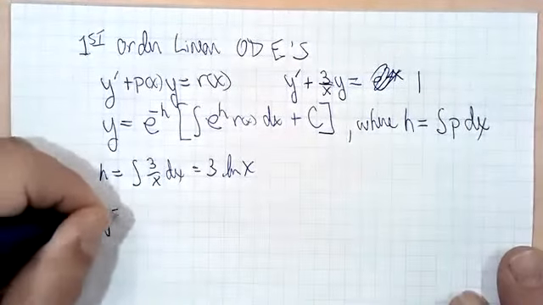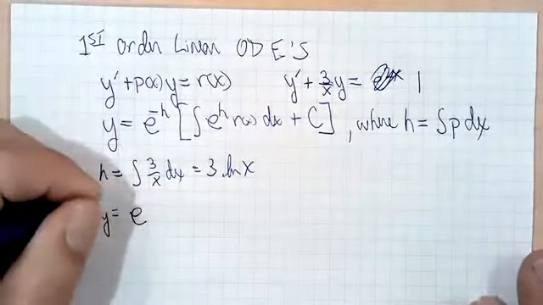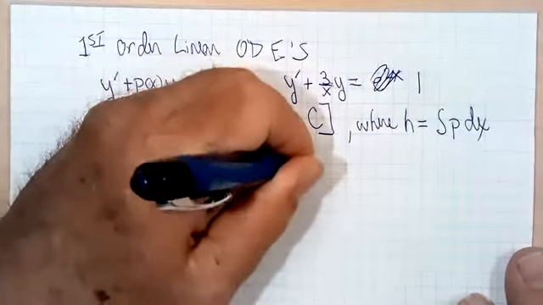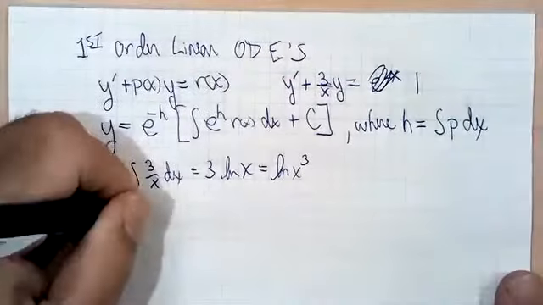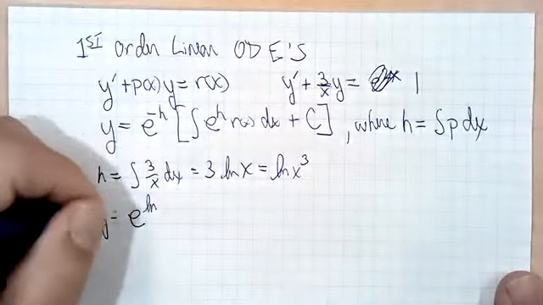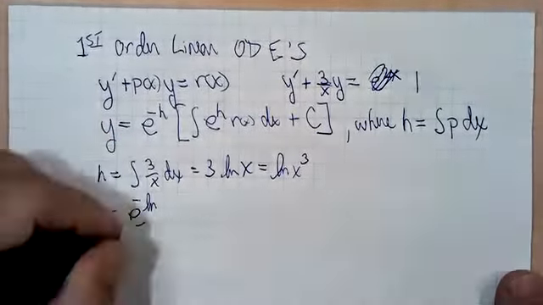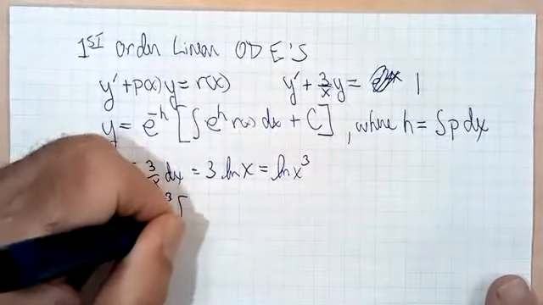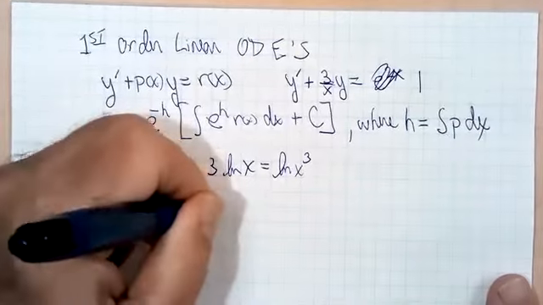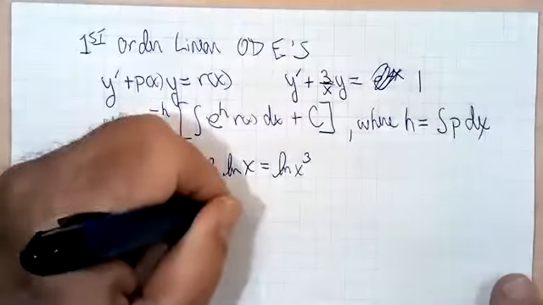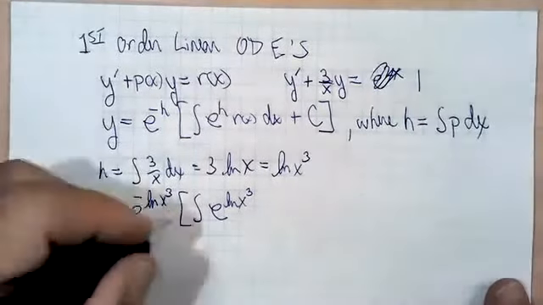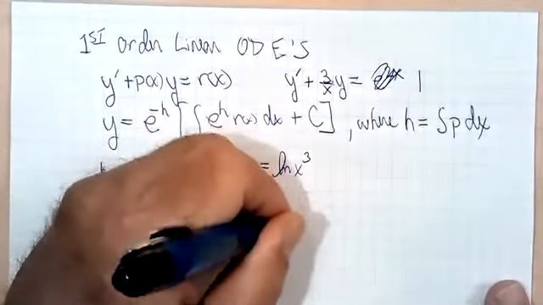So y is e to the minus h. Now, this is log of x cubed, right? So e to the power minus log of x cubed times integral e to the h, e to the log of x cubed times r dx plus c.